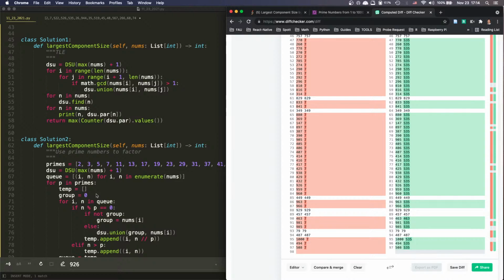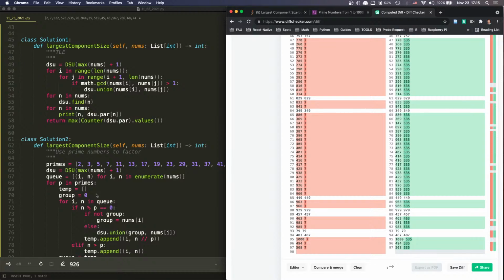Why do we need to go through the list again? Well, that just means we have removed the majority of the values. So we're going to go through the list again, and the remaining values in the list must all be prime, because I already hit all the prime numbers.